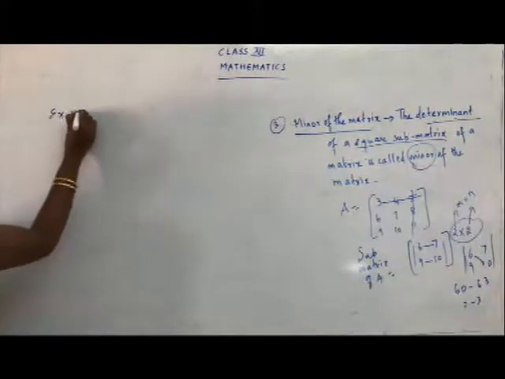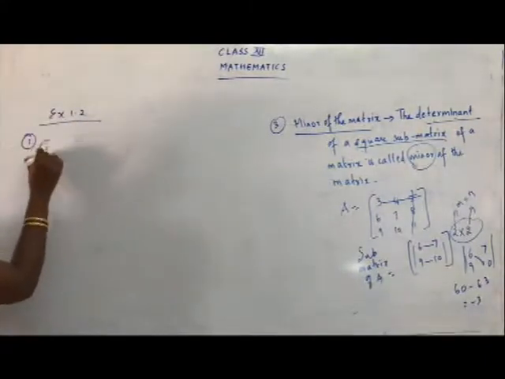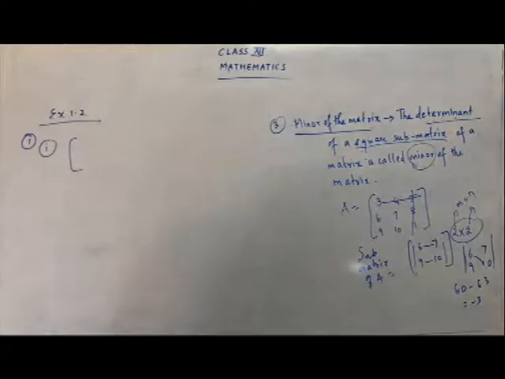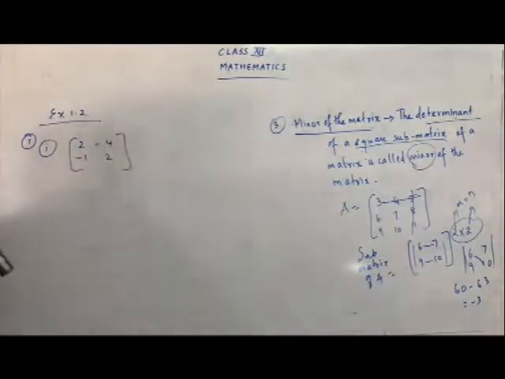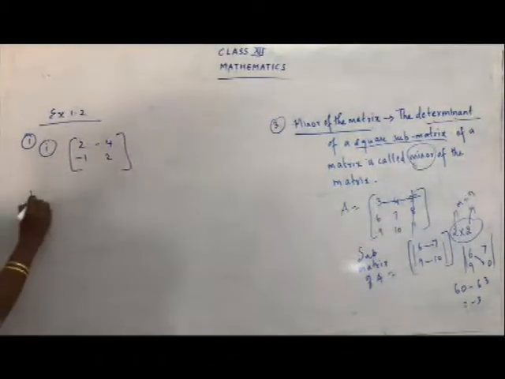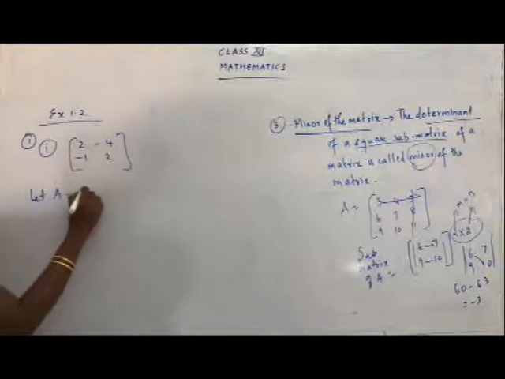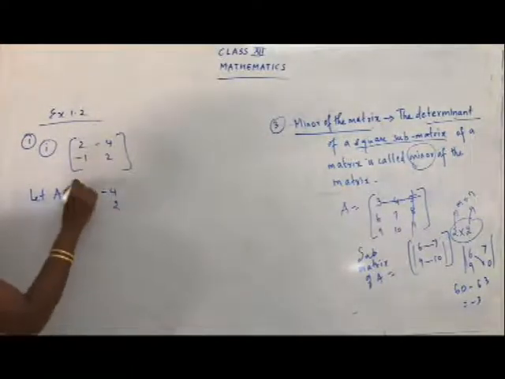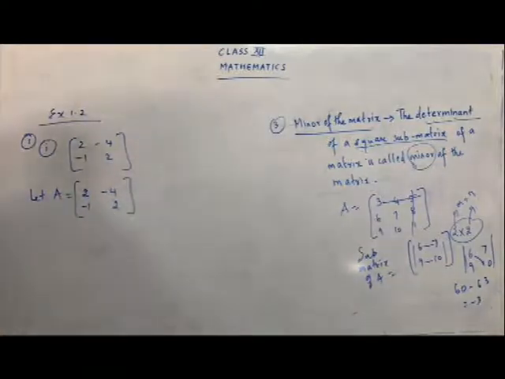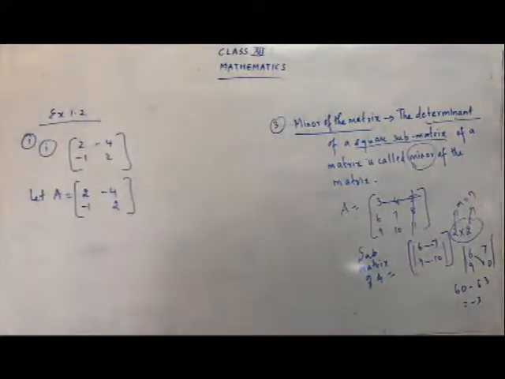Exercise 1.2, question number 1, first subpart: 2, minus 4, minus 1, 2. First of all, let's name this matrix. Let A be equal to 2, minus 4, minus 1, 2. So we have named this matrix.